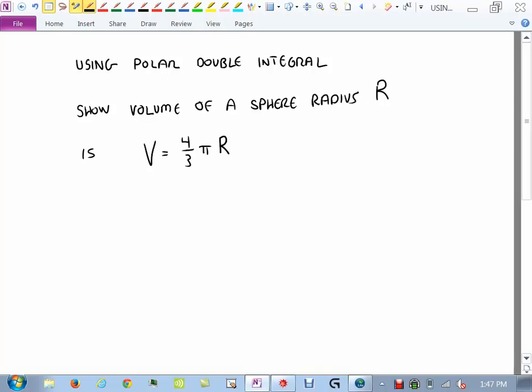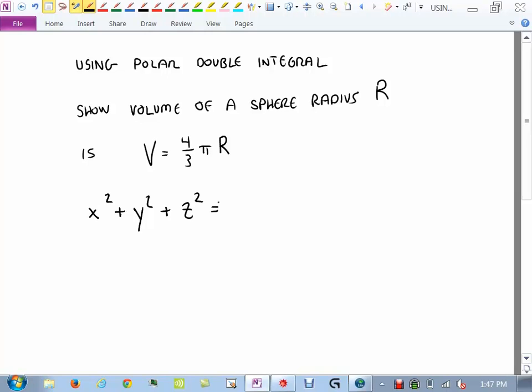Capital R. Okay, so we're going to work just like we did with the paraboloid a second ago, except instead of the paraboloid coming down onto the xy plane, we actually have the sphere coming down onto the xy plane.